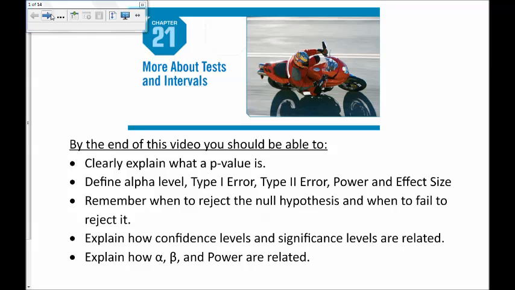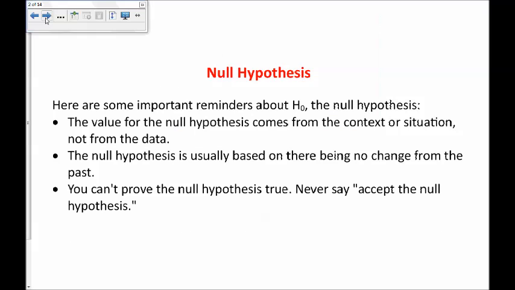You should also remember when to reject the null hypothesis and when to fail to reject it. You should also be able to explain how confidence levels and significance levels are related, and explain how alpha, beta, and power are related.